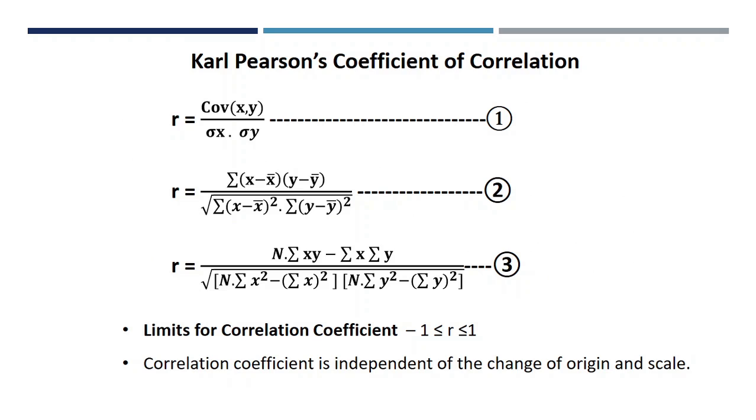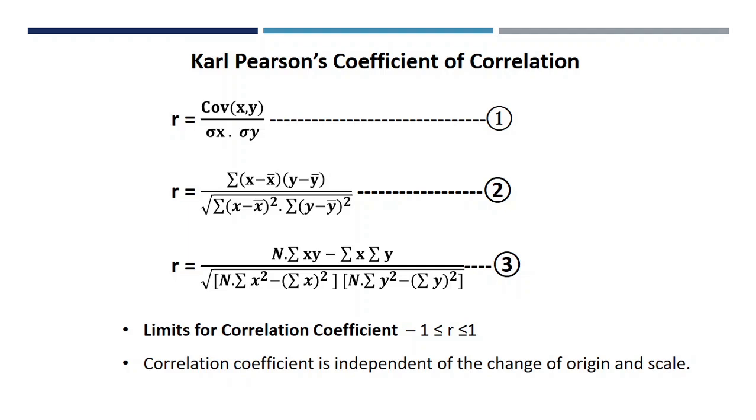So in this session, we have seen the three different formulas for calculating the Karl Pearson's coefficient of correlation, and what the limits of the correlation coefficient are, which lies between minus 1 and plus 1.